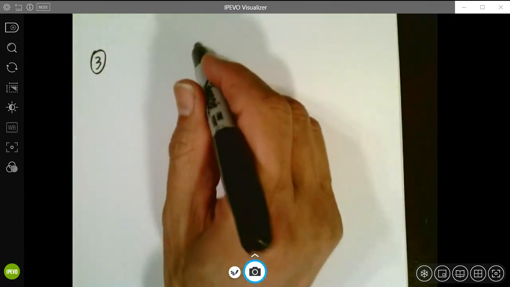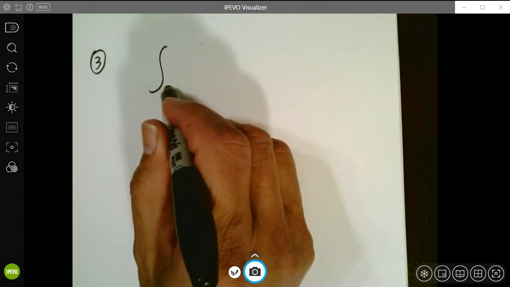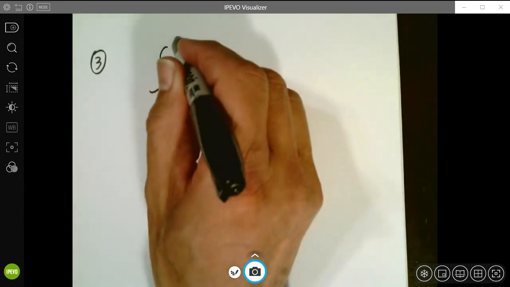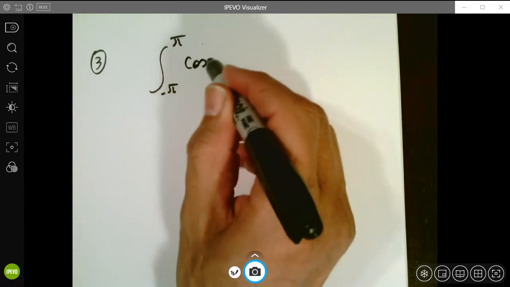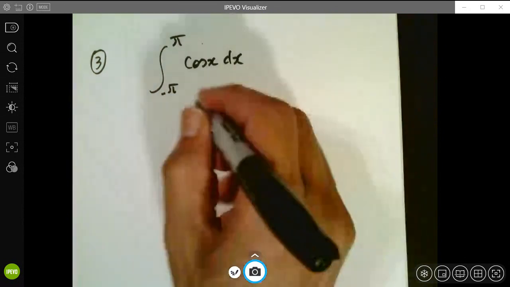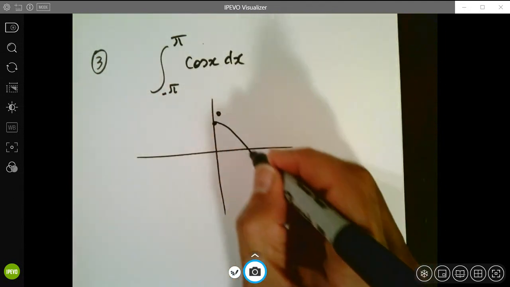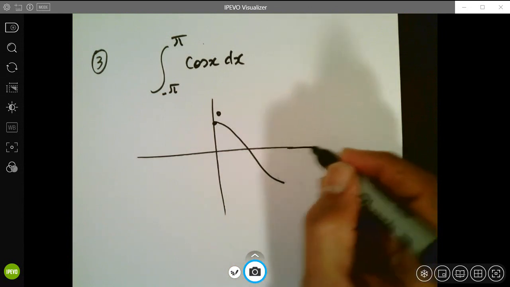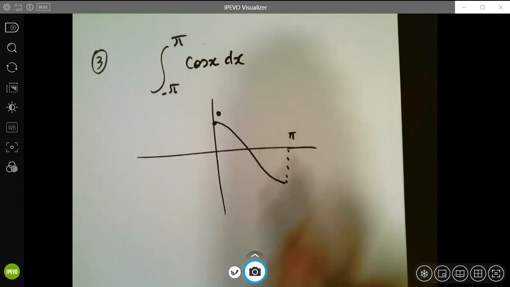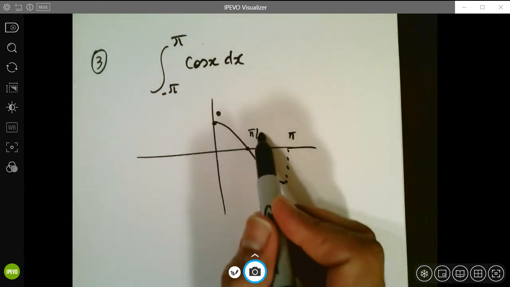So let me give you a third example. If I give you the integral from minus pi to pi of cosine x dx, for instance. Okay, if I draw the cosine, it will be 0, pi over 2, pi, and this is pi over 2, of course.